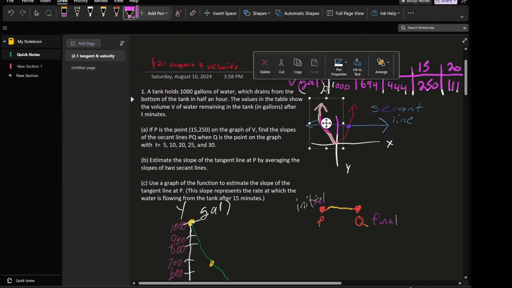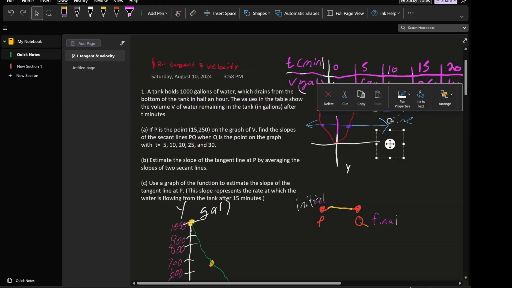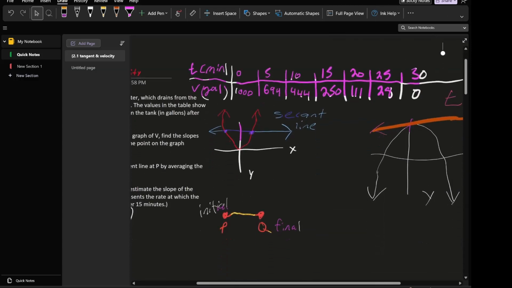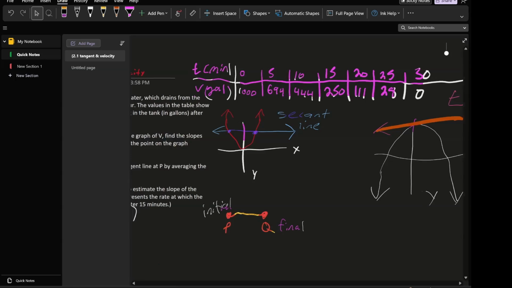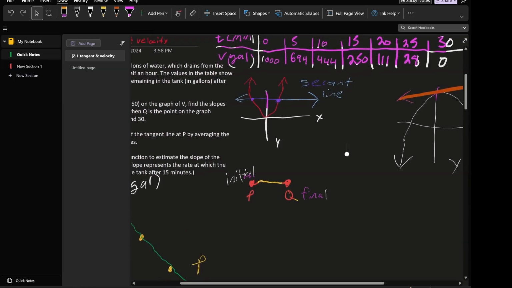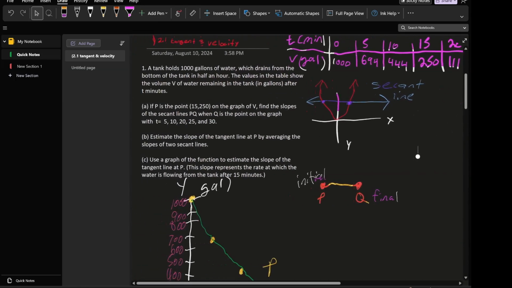The values in the table show the volume V of the water remaining in the tank after T minutes. So after 30 minutes, there's no more water left in the tank. At 15 minutes, there's 250 gallons left. And of course, at 0 time, 0 minutes, the tank is full, 1,000 gallons.